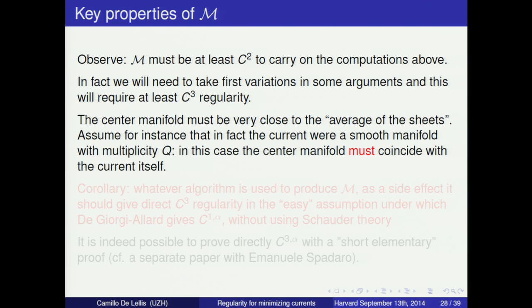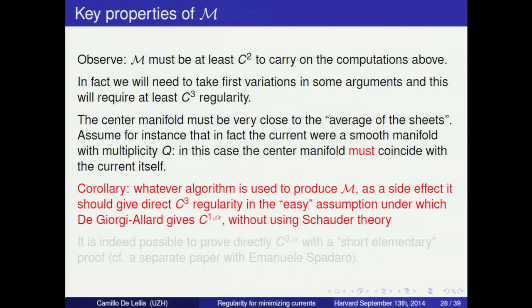So this tells you the following. You're hoping for an algorithm which gives you this center manifold that, if you apply it to the old problem of De Giorgi or Allard's theorem, is going to give you direct C3 regularity without passing through Schauder estimates. OK? So De Giorgi gives you C1 alpha, and then you use Schauder, or Allard gives you C1 alpha, and then you use Schauder to get C infinity. So here you hope to get C3 directly.